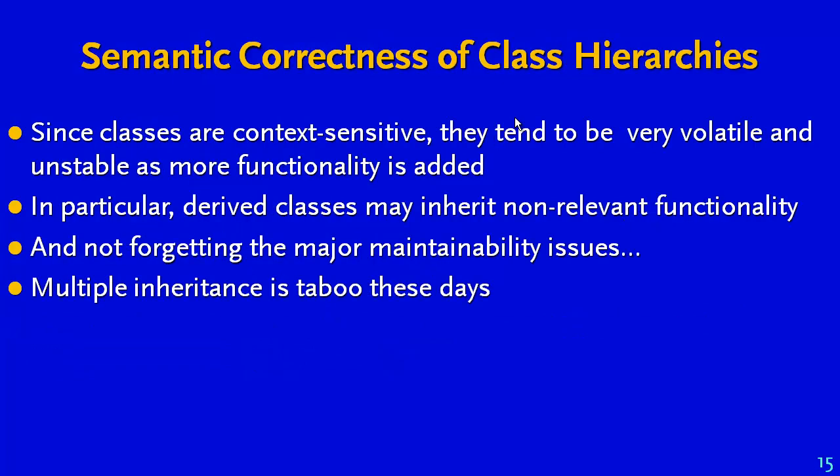Okay, so what's the first problem you have to worry about? Semantic correctness of class hierarchies. As we talked about a few sessions ago, classes are context sensitive, they change all over the place. So when something changes, all its dependents change. If you've got a base class, its dependents are its derived classes. So you'll get a whole avalanche of changes between base classes and derived classes. Things tend to be very volatile as more functionality is added.